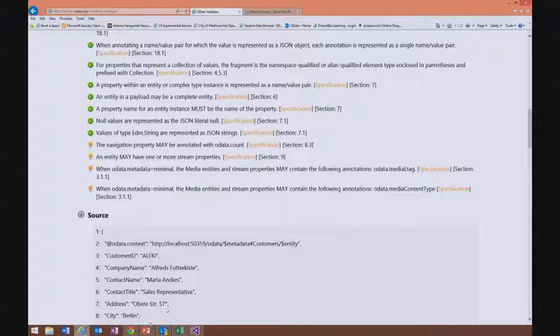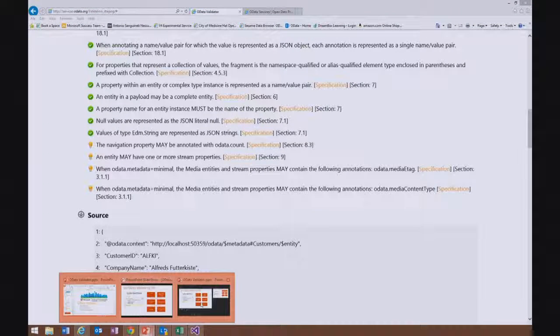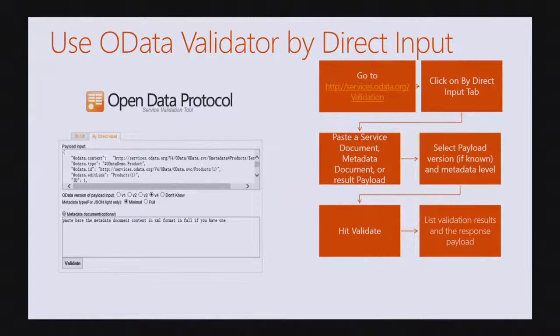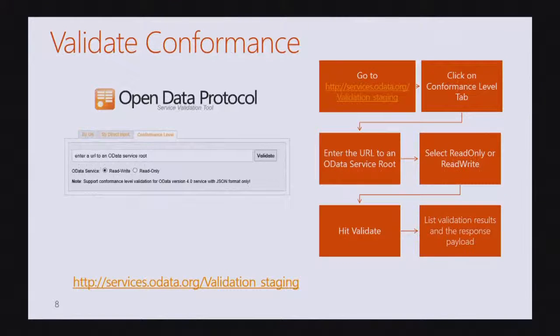Okay. So that's using the validator by the validator URI and by direct input. Those are two different ways that you can use it to validate payloads, different versions of payloads. The third thing that you can do is you can now use it to validate conformance.